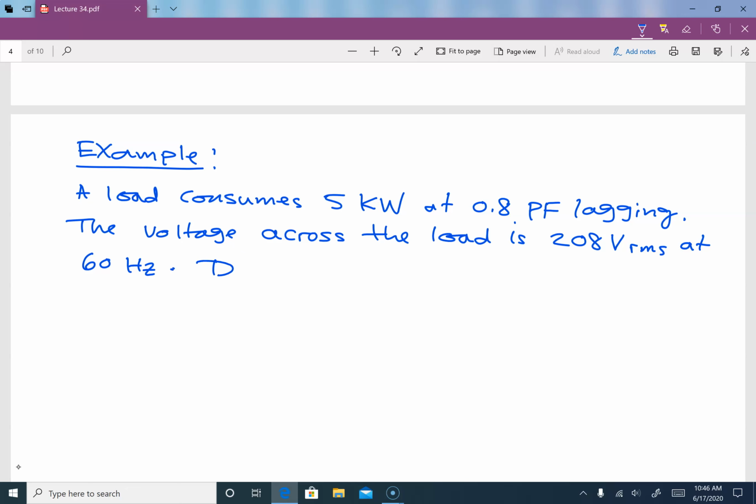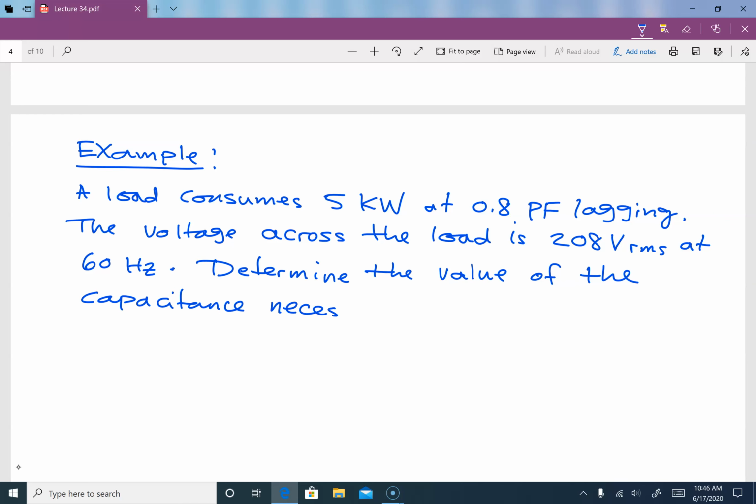We would like to determine the value of the capacitance necessary to raise the power factor to unity.